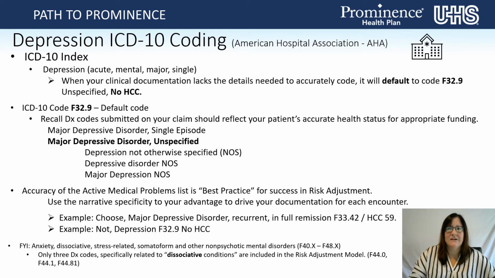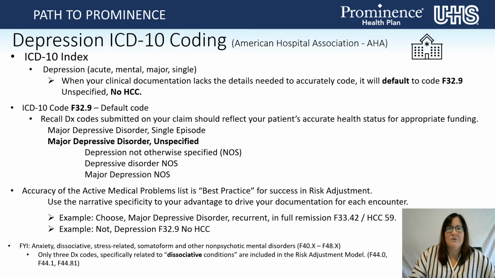Depression and ICD-10 coding according to the American Hospital Association. In the ICD-10 index under depression, you'll see acute, mental, major, or single. When your clinical documentation lacks the details needed to accurately code depression, it will automatically default to code F32.9, unspecified depression, that's not included in the HCC model.